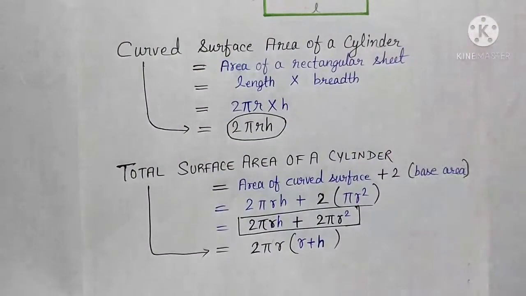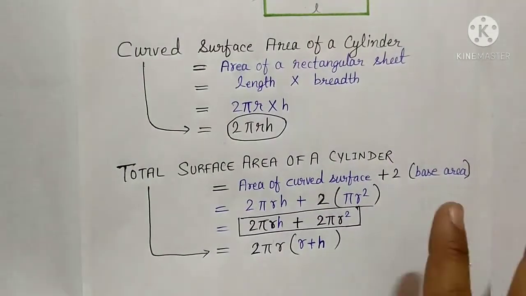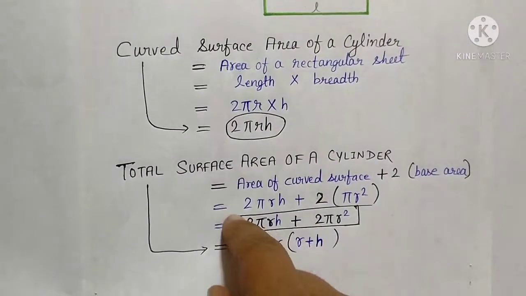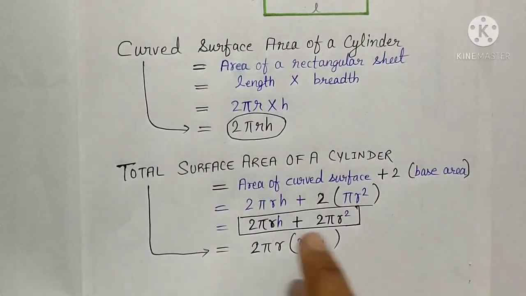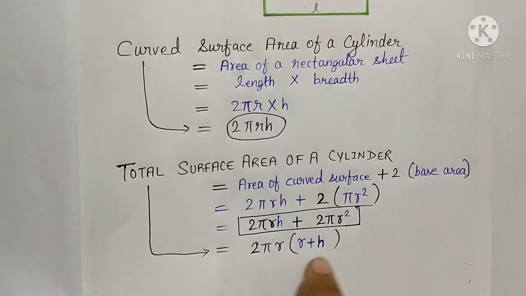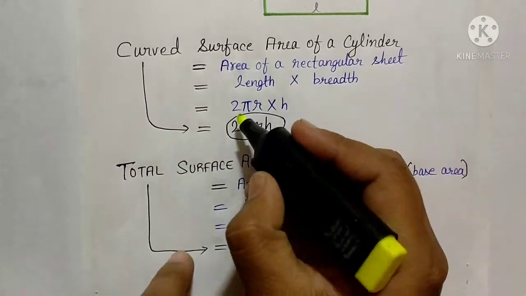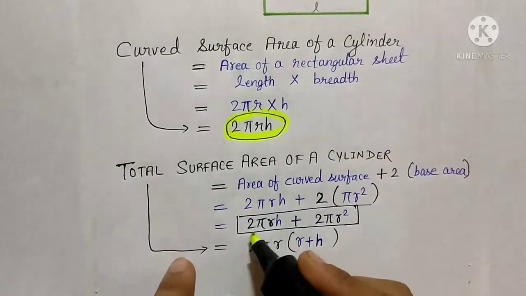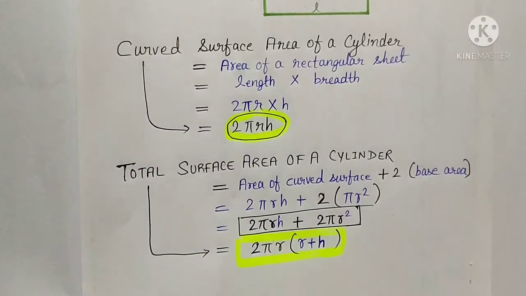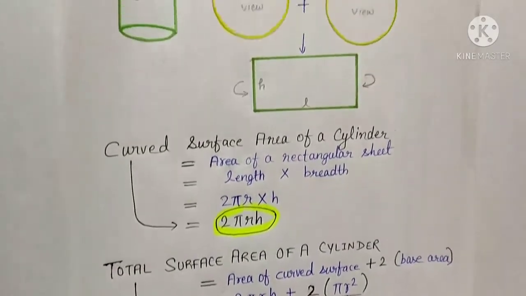In curved surface area only the curved surface comes, but in total surface area the area of 2 circles, top and bottom, also comes. So I hope you have learned the formula and it is clear to you.